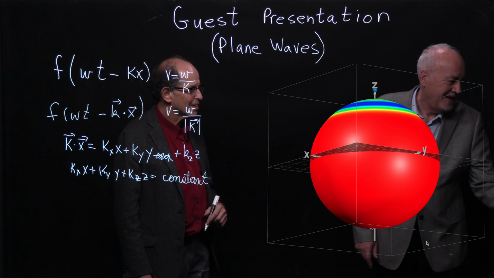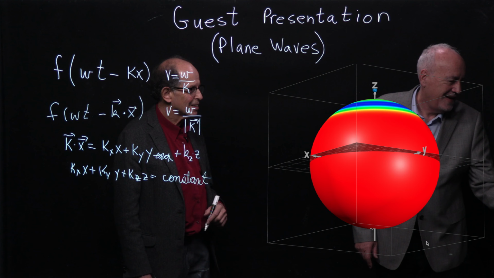So in 2D, if we expanded this out in 2 dimensions, we'd have something like this, the k dot x. That's right. You've got two components for k and two components for the x vector. So you got x and y multiplied by the coefficients kx and ky.